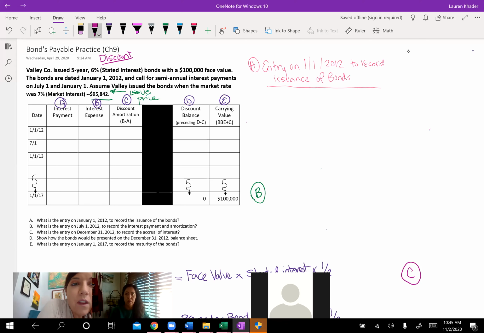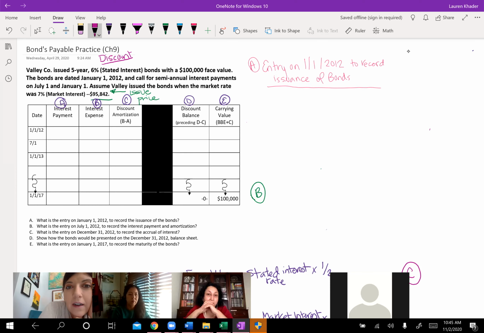So, Valley Company issued 5-year, so that's the term, 6% bonds. It's the stated interest rate with $100,000 face value. So, what do we know about the face value of the bonds? This is the amount that they have to pay back at the end, at the maturity date.